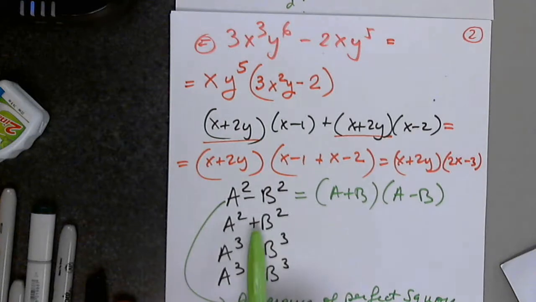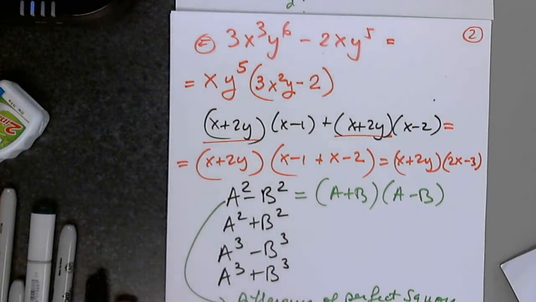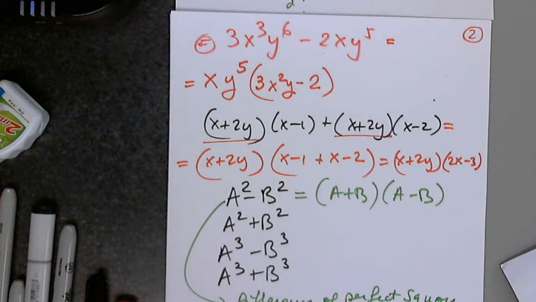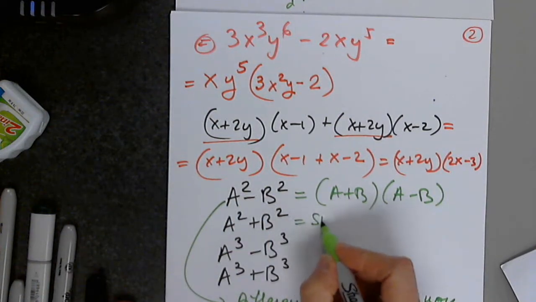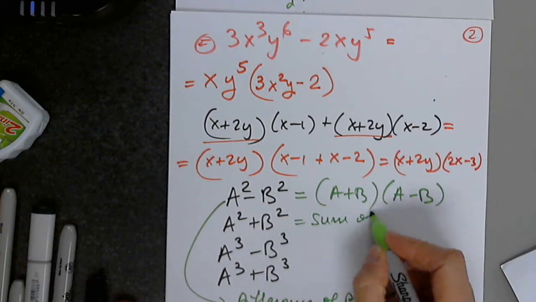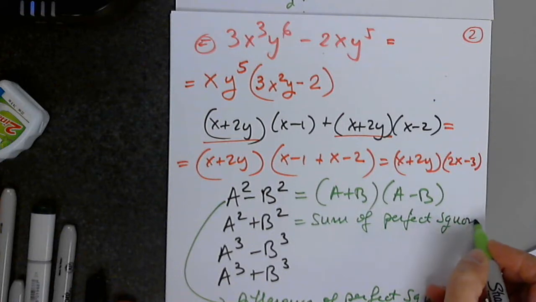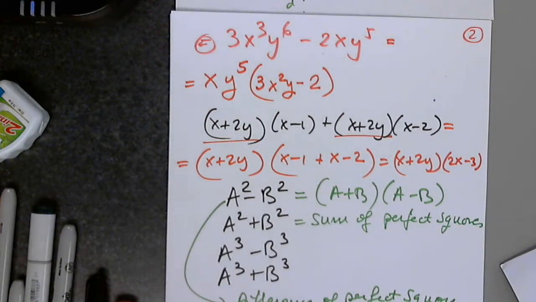Now, how do you think we're going to call this one? If this was the difference of perfect squares, how do we call that one? Sum. Very good. Sum of perfect squares. Well, this is not factorable. To be exact, to be correct, I would say it's not factorable using integers. That's the correct sentence.